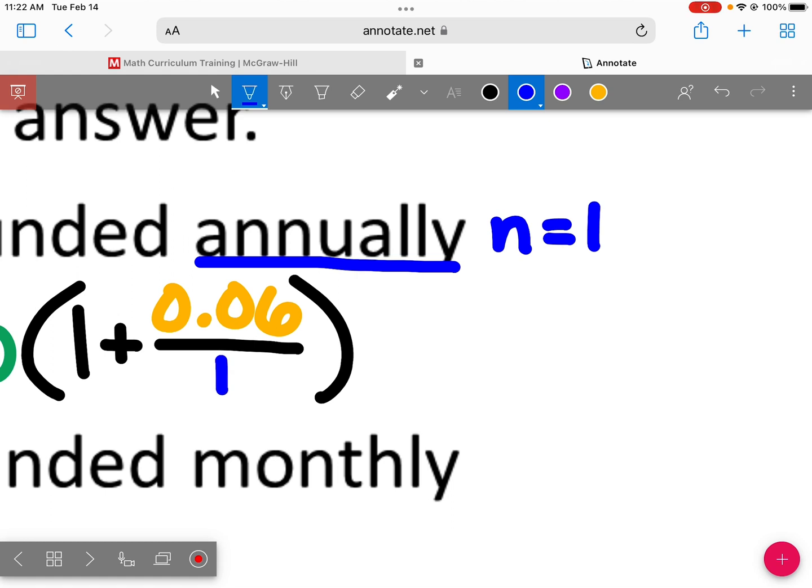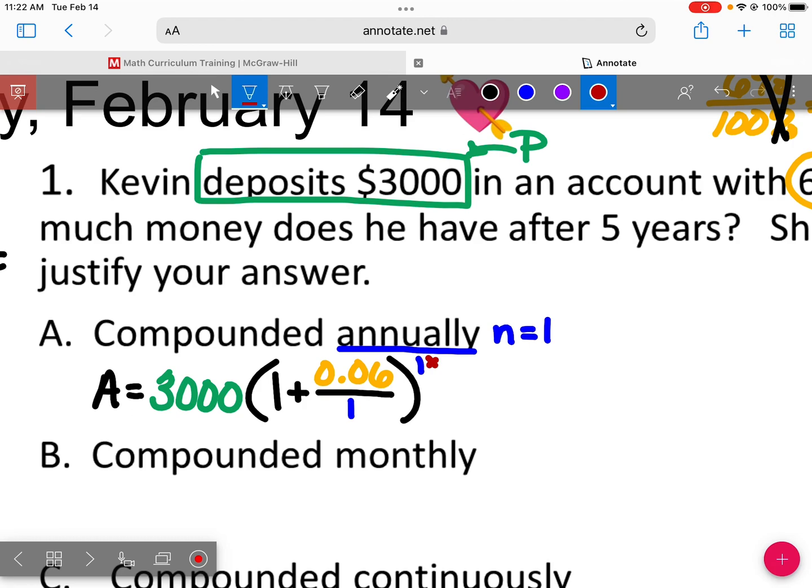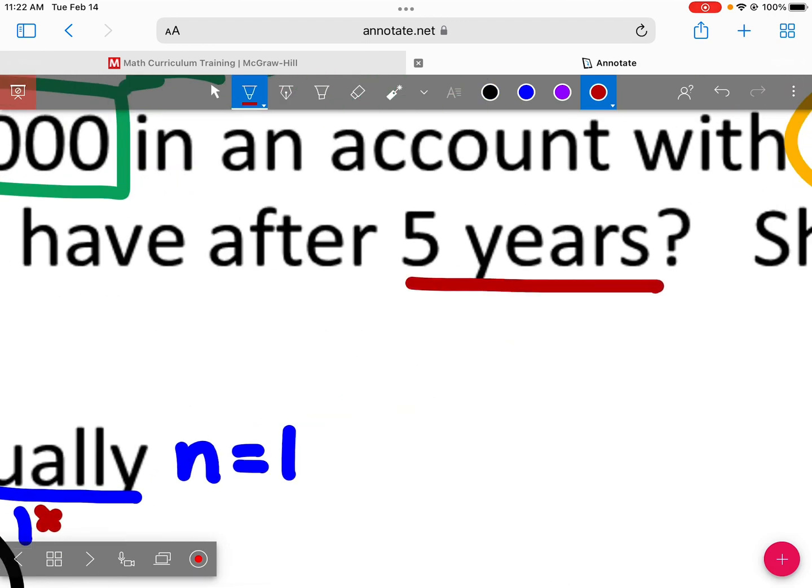Where else do I put that n value? In the exponent. So 1 times what? 1 times 5. Why times 5? Because it's the years.